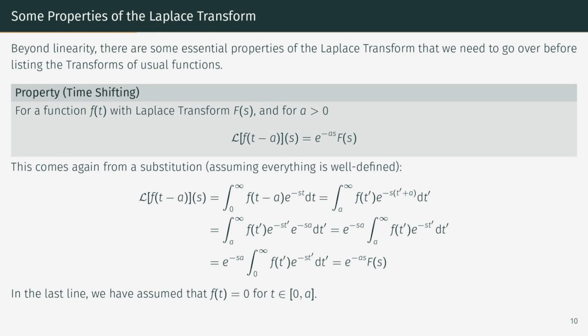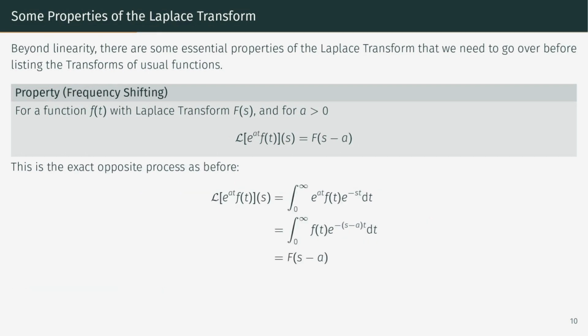We can then extend the function so that it's 0 between t equals 0 and t equals a, such that the integral between 0 and a stays 0. This then means that it equals e to the negative sa times the integral of f of t prime times e to the negative st prime dt prime from 0 to infinity, which then equals e to the negative sa f of s.